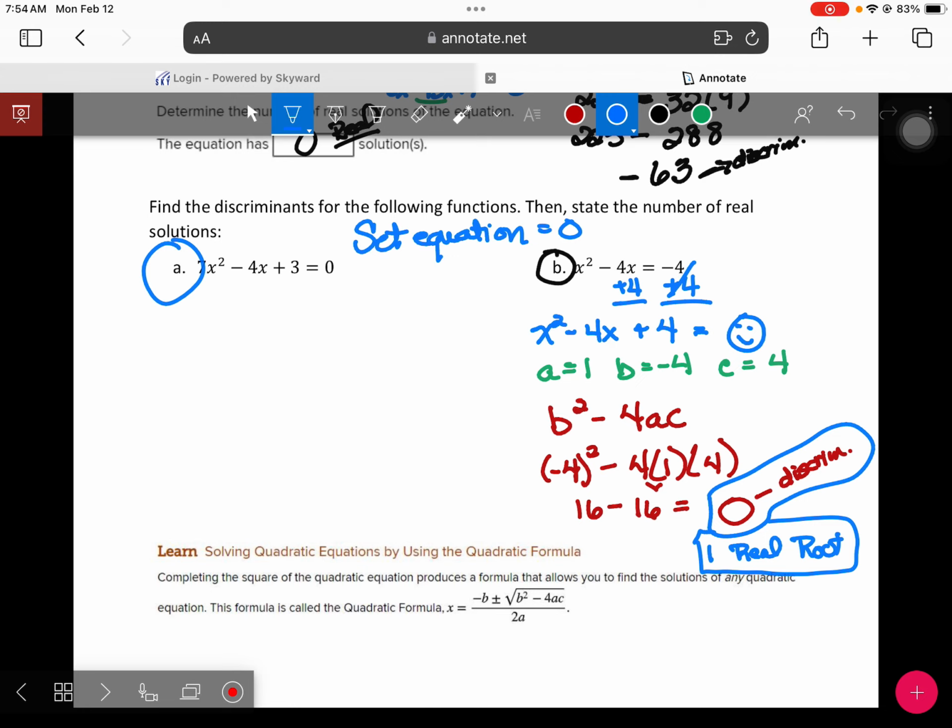I'm not even on the notes. Did you get a chance to look at that?